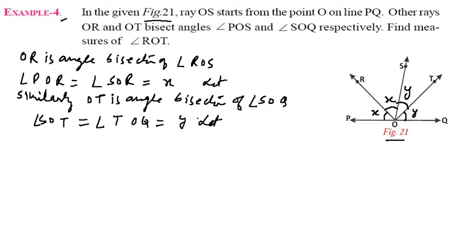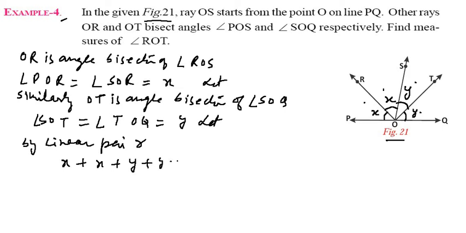By linear pair, the angle sums are all 180 degrees. So you have the 4 angles, and the sum of the 4 angles will be equal to 180 degrees. So X plus X and Y plus Y will be equal to 180 degrees. So 2X plus 2Y will be equal to 180 degrees. So 2 is common.